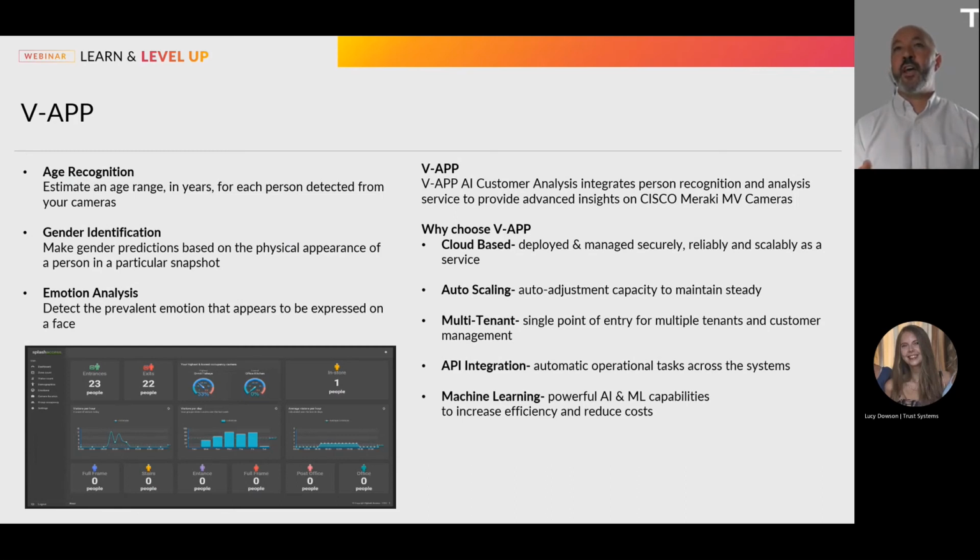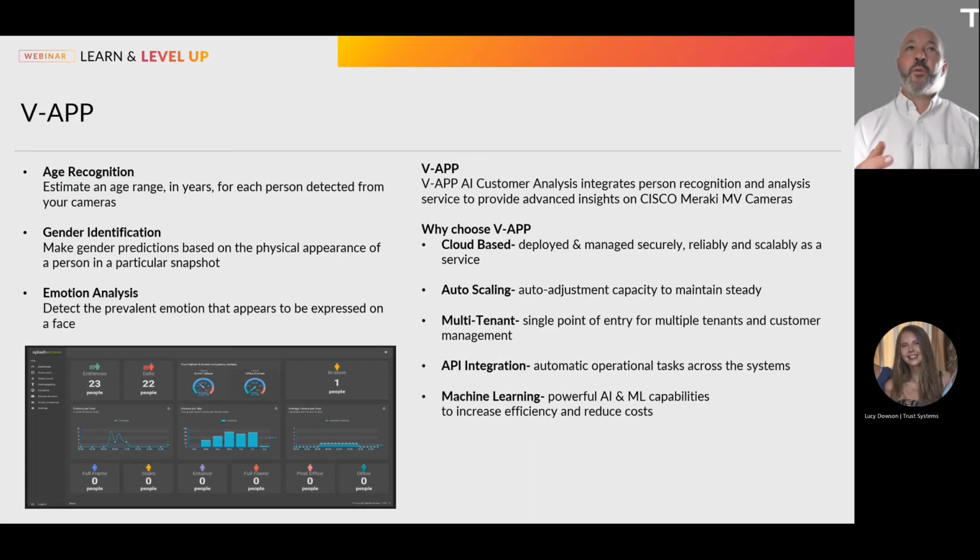When you're looking to understand your customer and who they are, we can provide further insight around age recognition. A bit like, well, obviously when I walk into a room, it's going to tell you that it's a 45-year-old bald man, but it can give you some information back around estimation of age in years, and equally around gender identification as well.